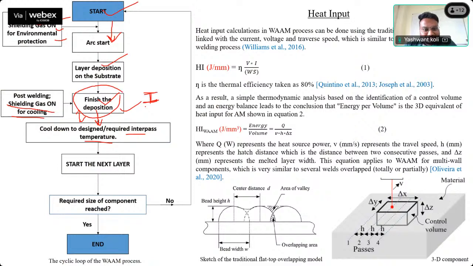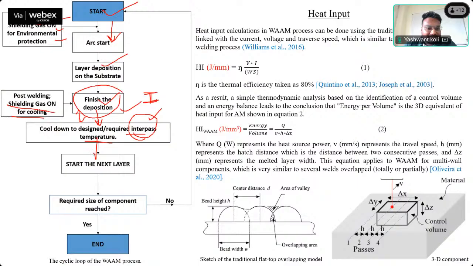So that interpass temperature is around 200 degrees Celsius, and after depositing the second layer, again we have to wait for 30 seconds to give the dwell time, and when the temperature reaches 200 degrees Celsius, we can put the third layer.